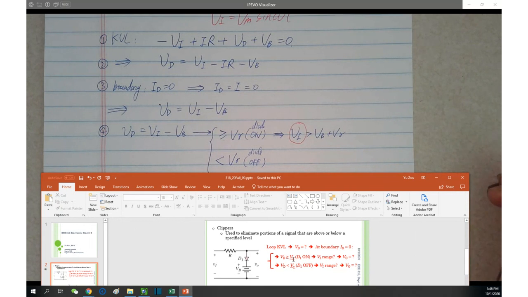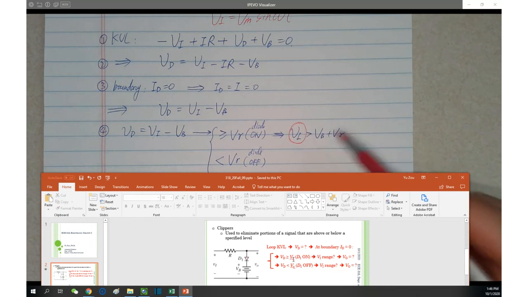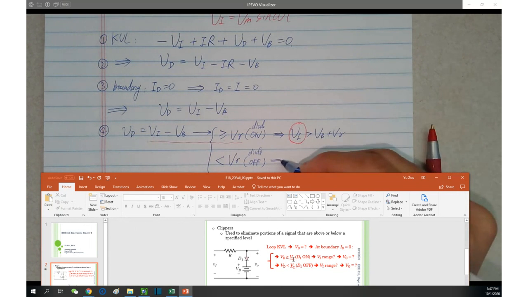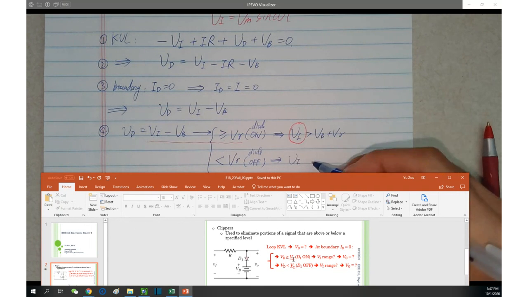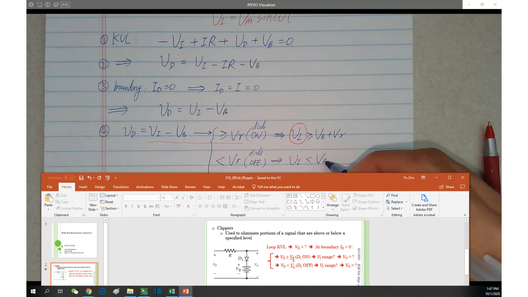Students, generally speaking, find this hard to accept. We're trying to derive VI from this equation. From here, VI is obviously VB plus V gamma.